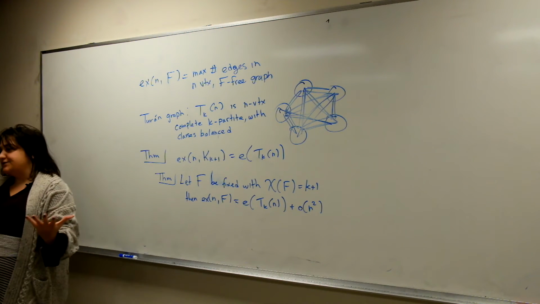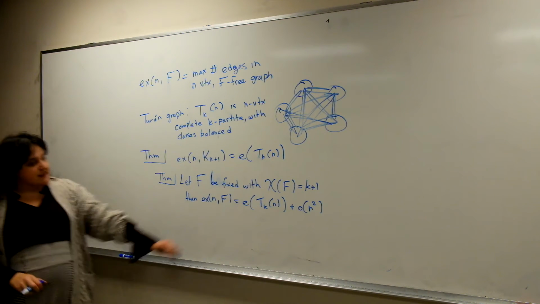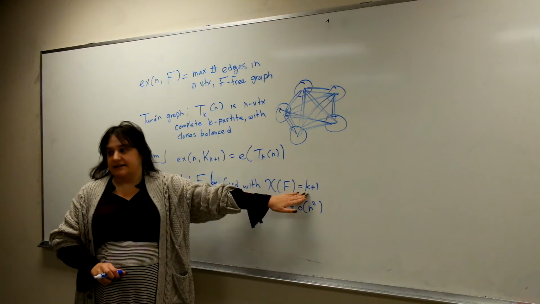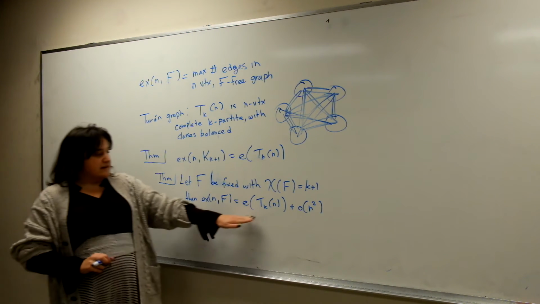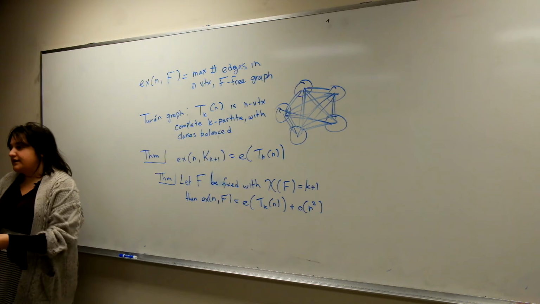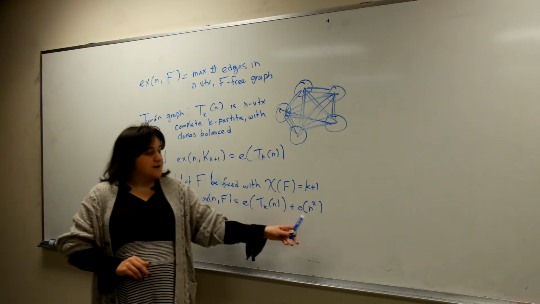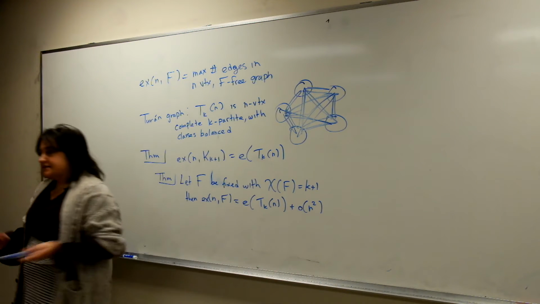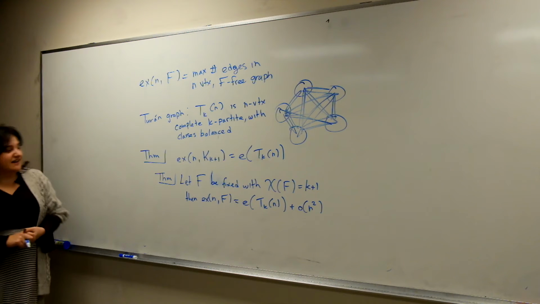So if we have at least two classes, this is going to have order n squared edges. So what this says is that when our chromatic number is at least 3, then we asymptotically know any extremal number we want. You might be interested in figuring out what this error term is. That's not something that I'm particularly interested in, but I'm sure some people are.